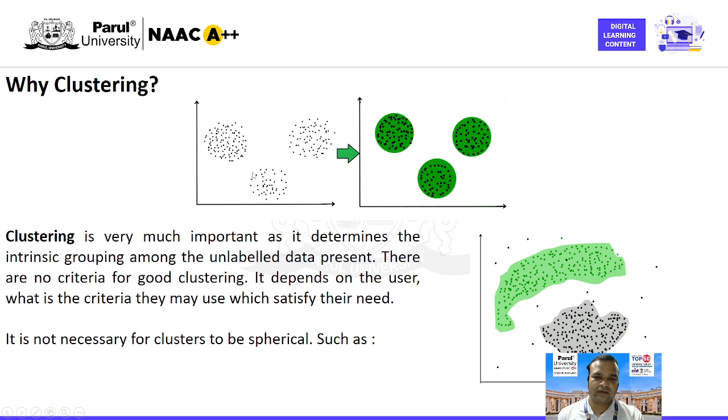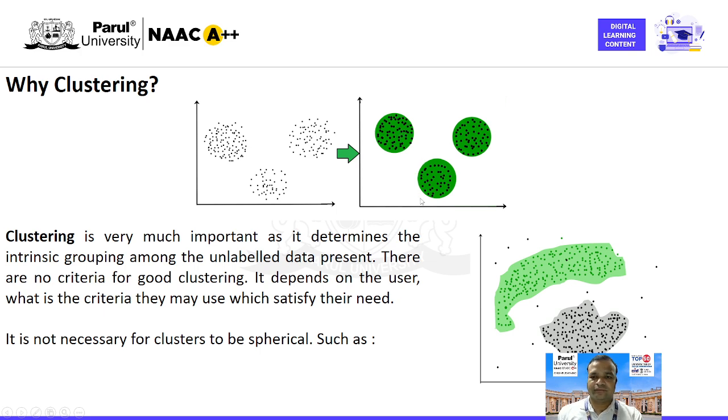There are three groups on the basis of similarities and dissimilarities. This is the cluster where all of the data points have similar properties.